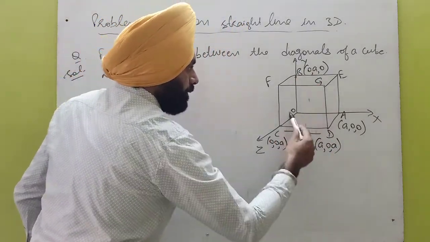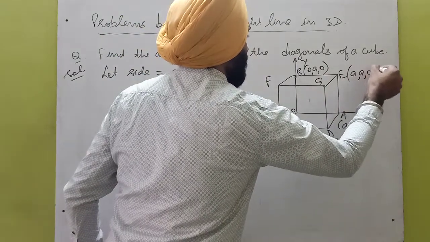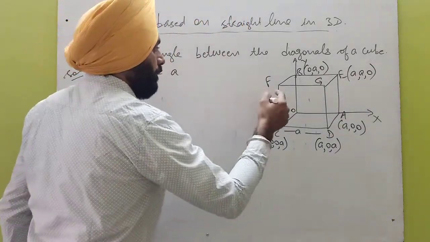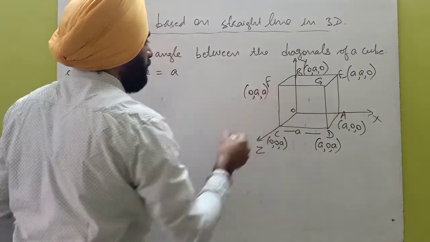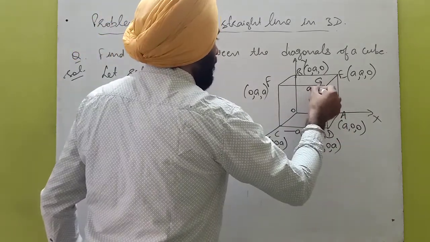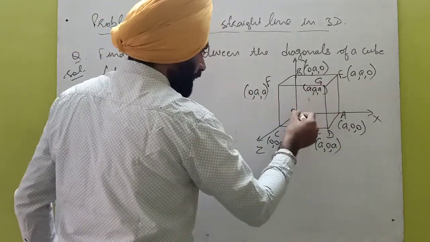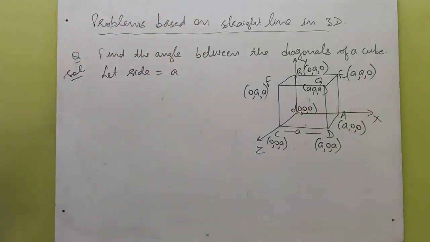E is in the xy plane, so there will be x coordinate a, y coordinate a, and z will be 0. Similarly F is in the yz plane, so it will be 0, a and a. G point is in space, so its coordinates will be a, a and a. And this is the origin, so coordinates are 0, 0 and 0.